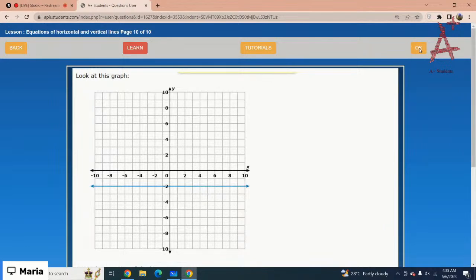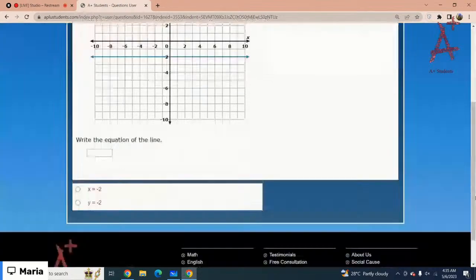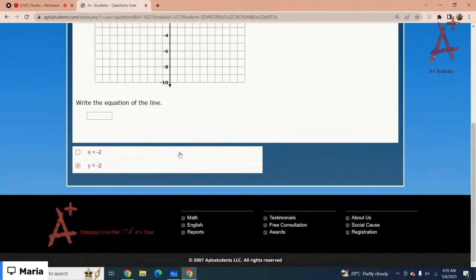The correct option is y equals negative 2, sorry.